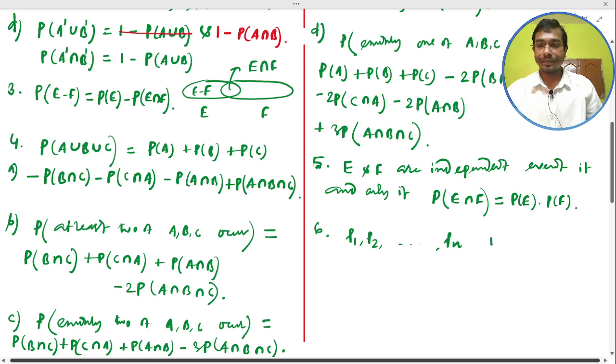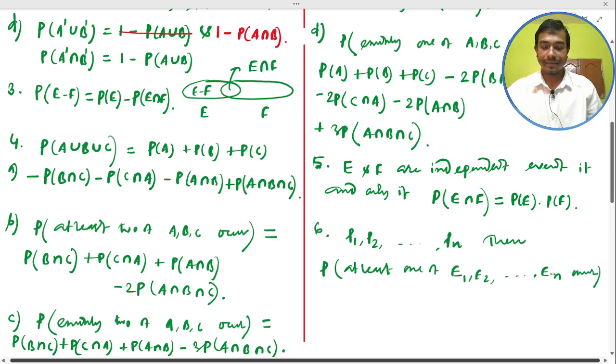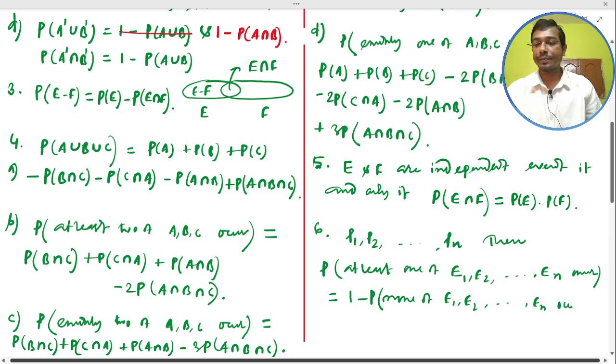Then P of at least one of E1, E2, ..., En occur is equal to 1 minus P of none of E1, E2, ..., En occur.